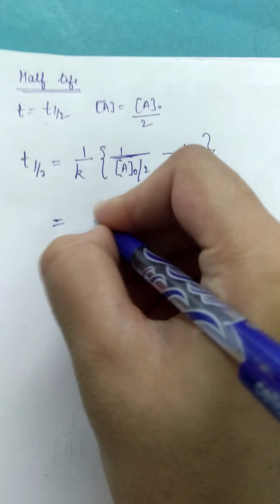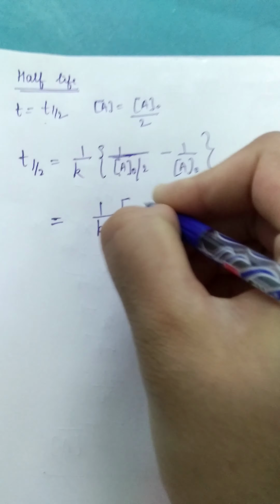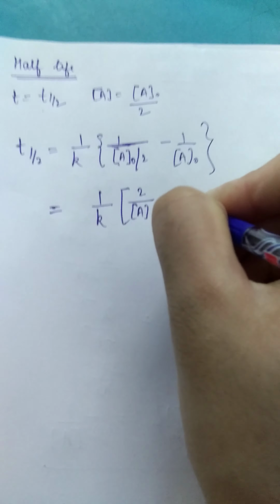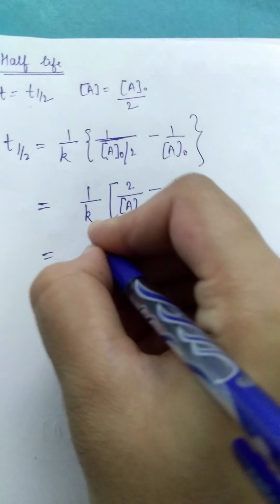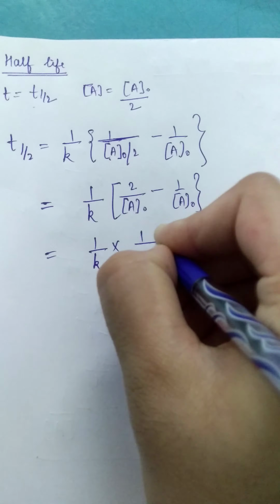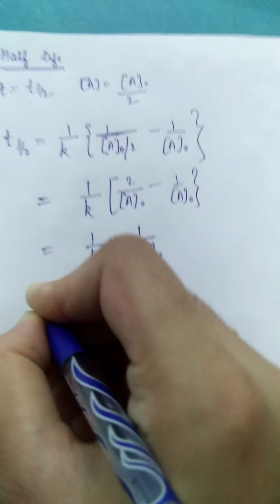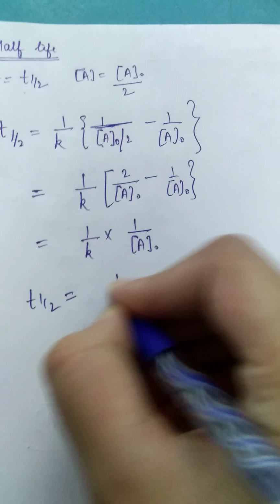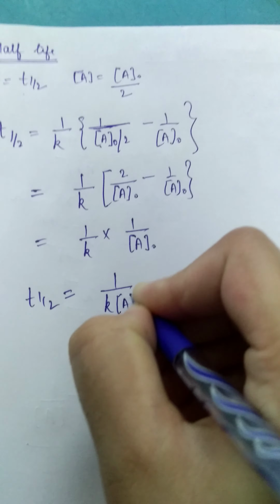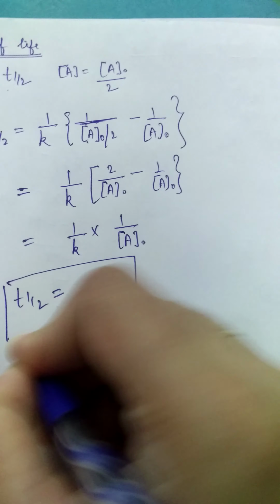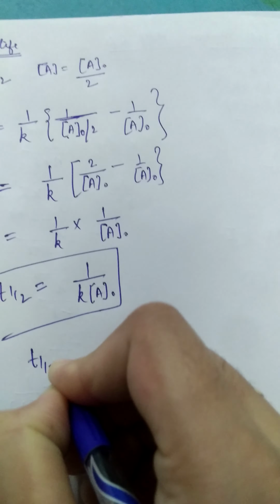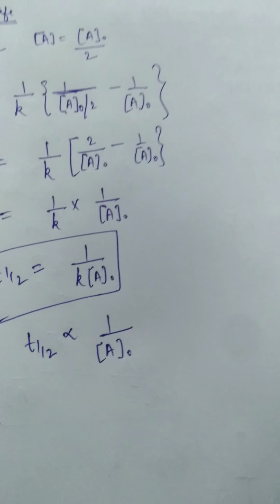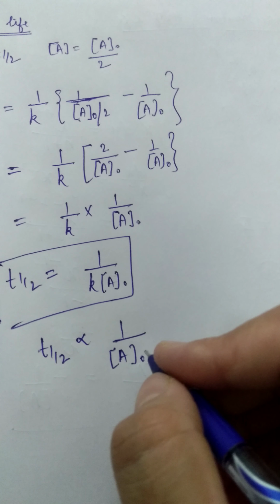On solving this, you will get 1 upon K, 2 divided by A naught minus 1 divided by A naught. What will be the remaining? 1 upon A naught. So our t half is equal to 1 upon K A naught. And we can clearly say our t half is inversely proportional to our initial concentration of reactant.